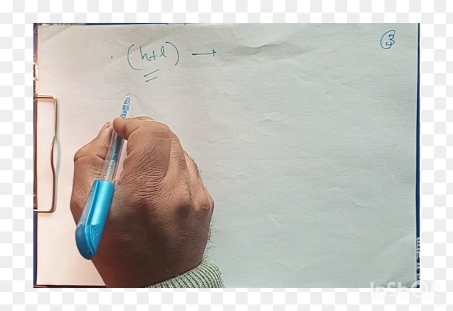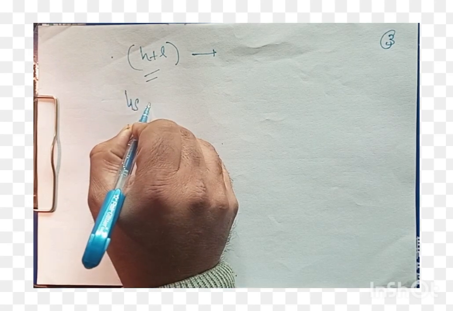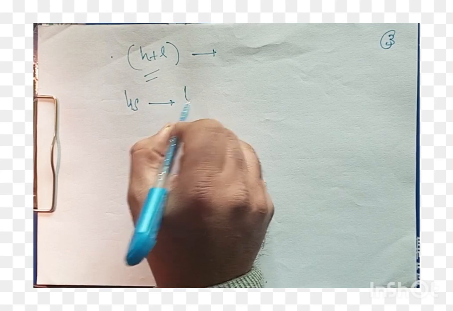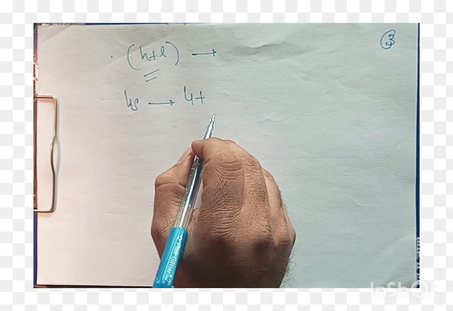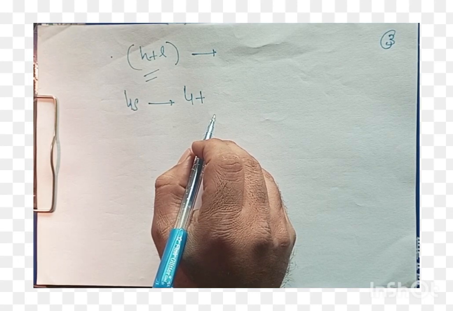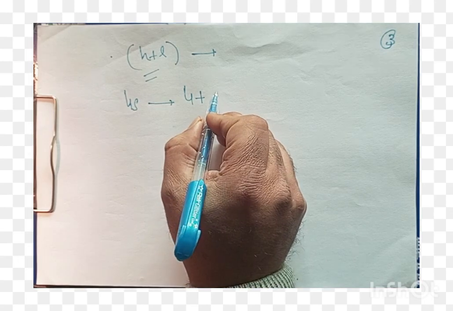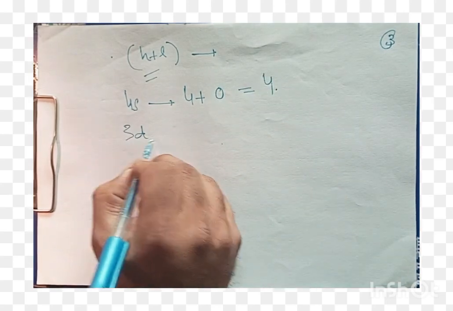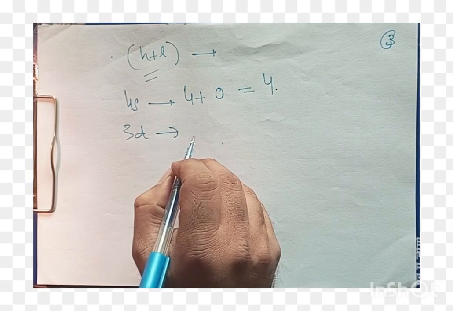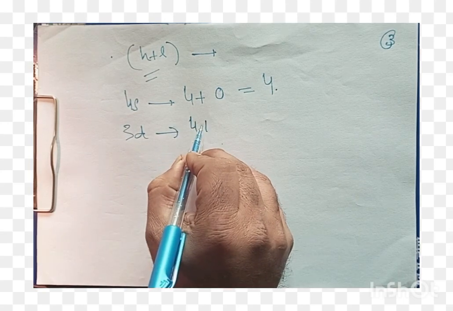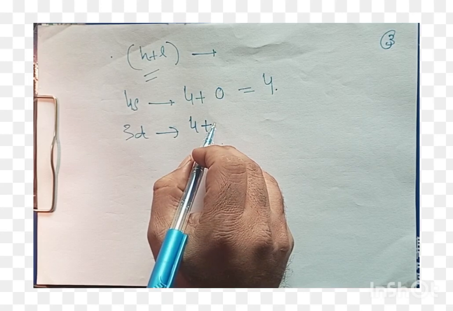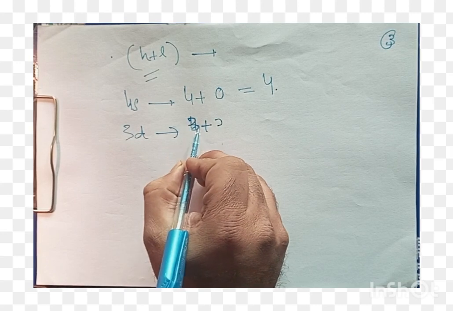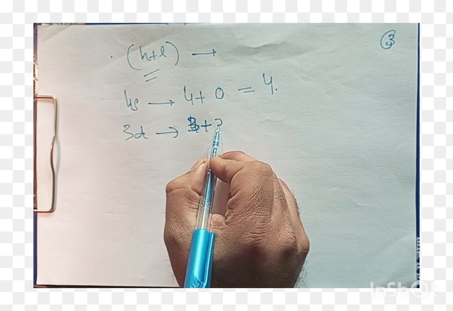Now, for example, let's take the case of the 4s orbital. For this 4s, the value of n is 4, and the value of l is 0. So what we get here is 4. Now, if I take the 3d orbital, n is equal to 3, and for d, the orbital quantum number is 2.